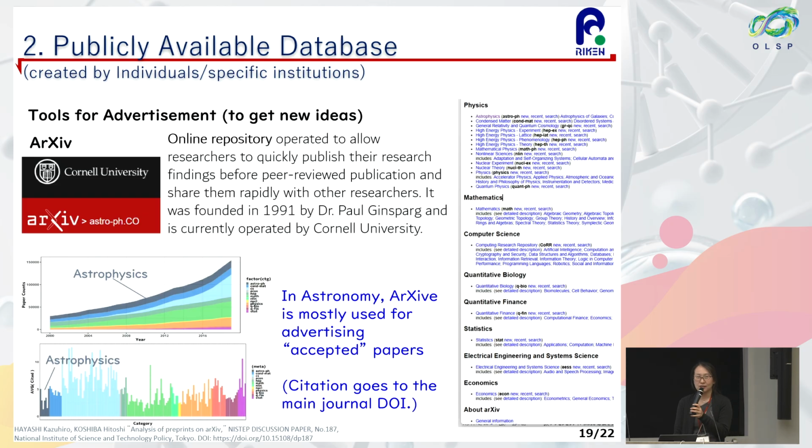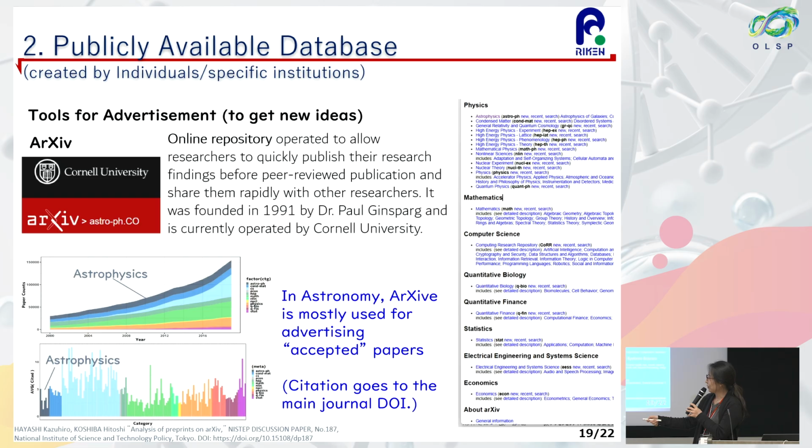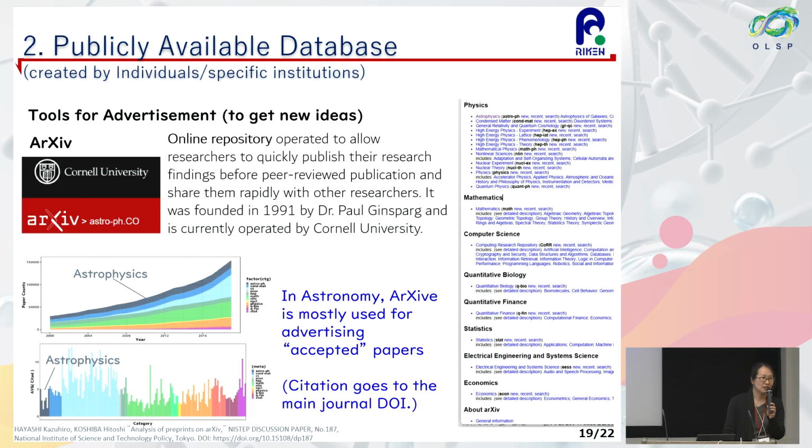So in most cases, they are published here after acceptance or almost accepted. And you see here, citations for these archival papers are super low in astrophysics, because most of the citations go to the original journal. So that is the way we astronomers use this archive.